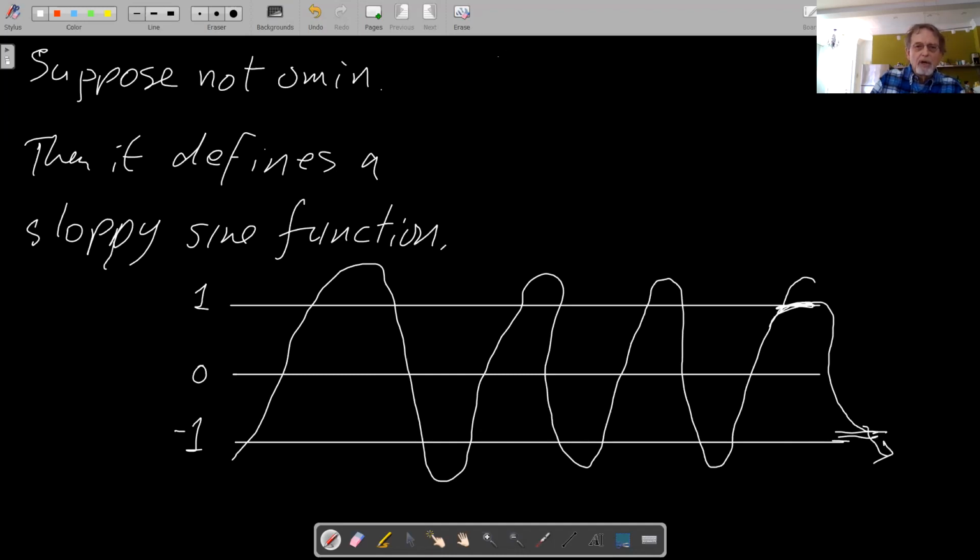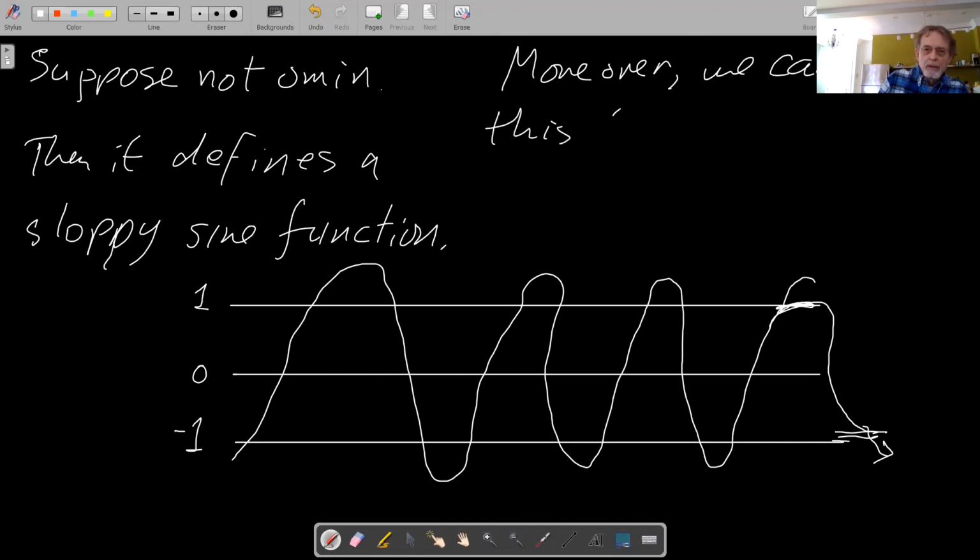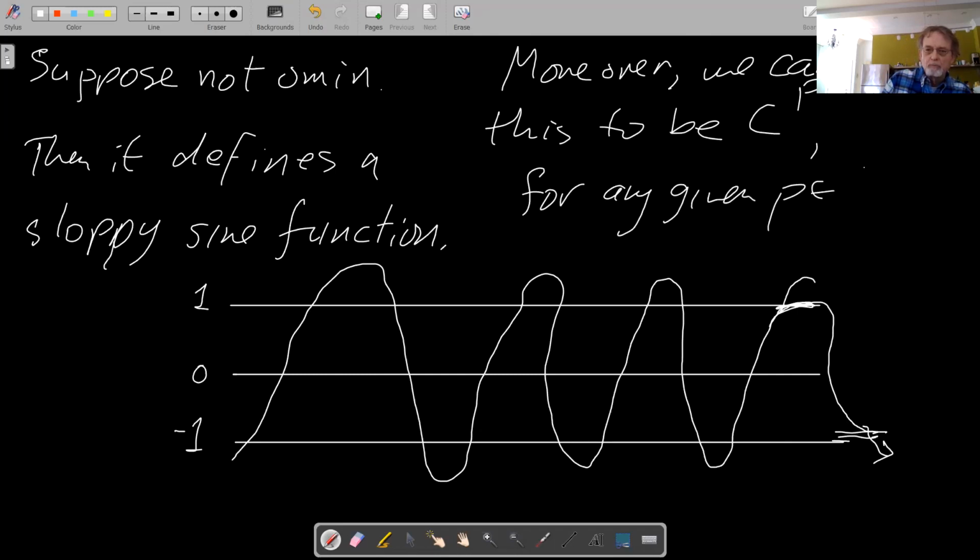And moreover, we can take this thing to be C^p for any given p in N. All right, so now if we're not o-minimal, we're definitely going to get some monster like this.